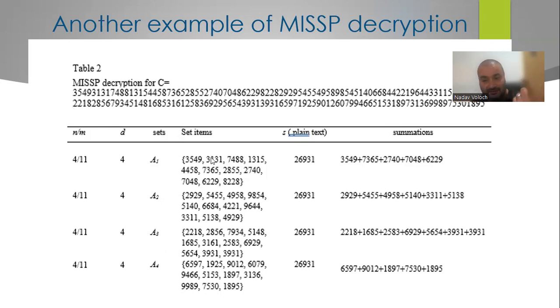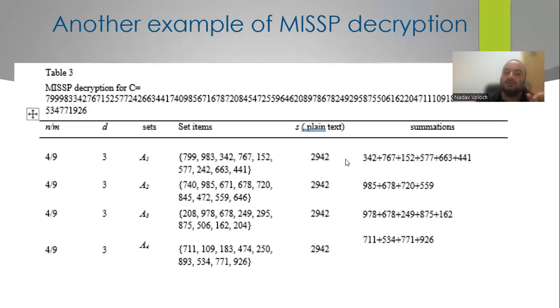You can see that we have 11 items in each set. And D, of course, is the number of digits. So we have 4-digit numbers, and we have 4 sets. And you can see that the only sum that is reachable by all of these sets is 26,931.